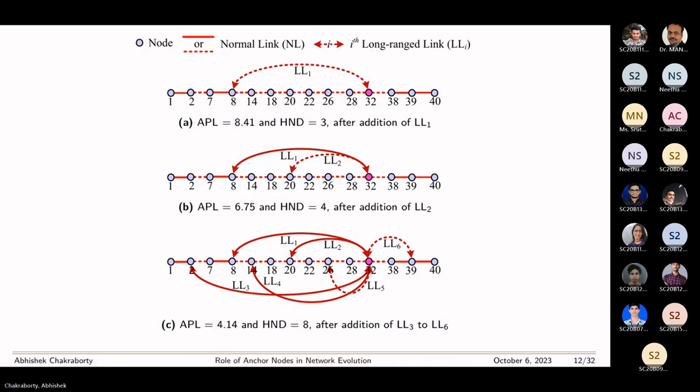After the addition of the second link, then here 8, 20, and 32, all three are anchor nodes? No. We don't know which anchor node will appear next. What we found is that the first link is always optimal.